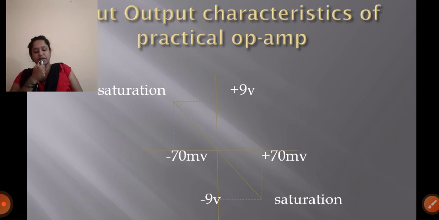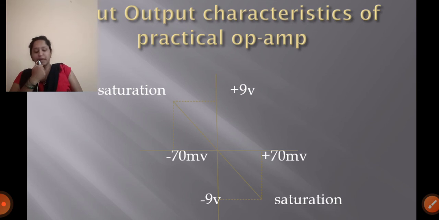The saturation voltage below is an example of an operational amplifier with a gain of 1,28,576, that is the gain. And the power supply voltage is equal to plus or minus 9 volt.